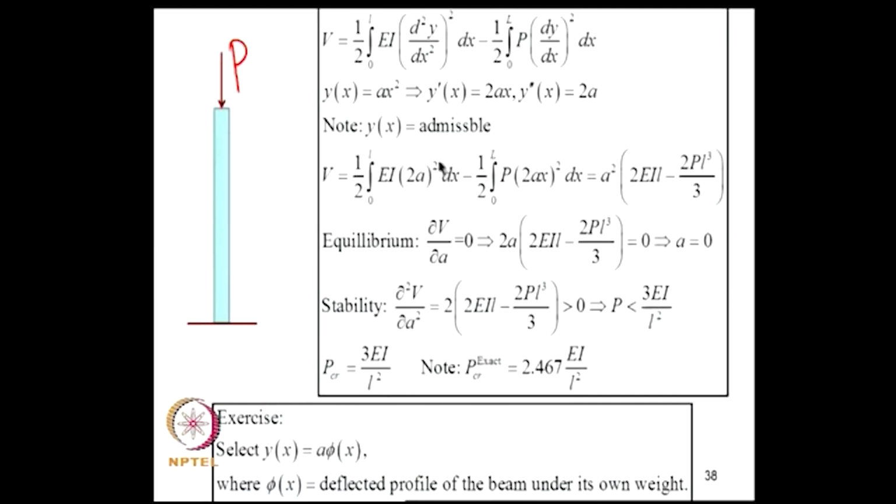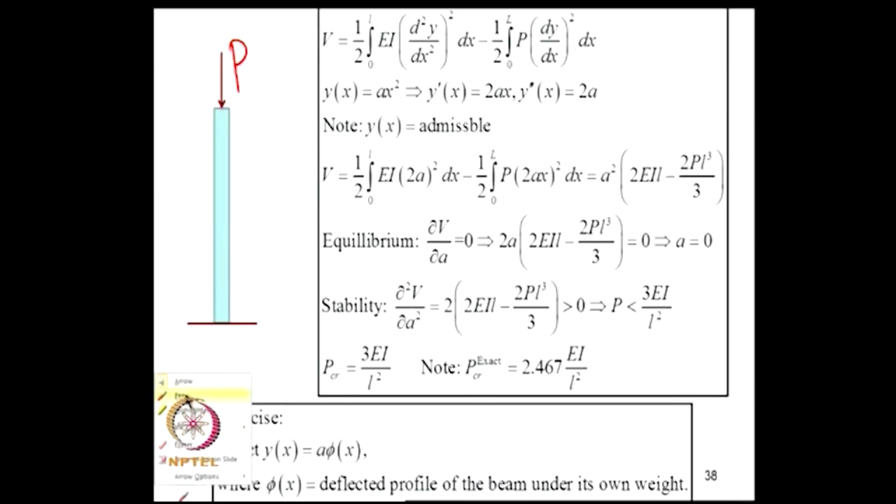So, according to this single term approximation, the critical load is 3EI by L squared, whereas the exact solution is 2.467 EI by L squared. So, we can improve upon this solution by taking y of x to be A into phi of x, where phi of x is the deflected profile of the beam under its own weight.